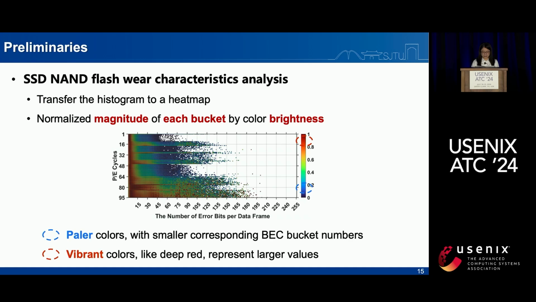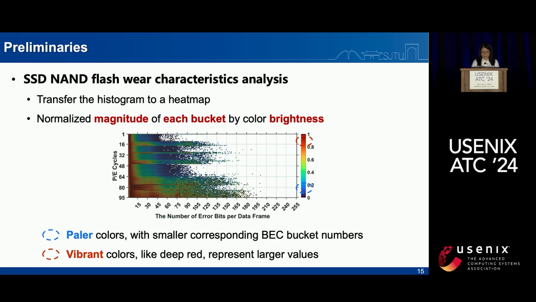To make it easier to understand the aging data, we turn it into a heat map. This figure shows a fragment of a heat map of aging BEC data from a chosen LUN of an SSD. Basically, we use different colors to show the size of each little bucket in the histogram.